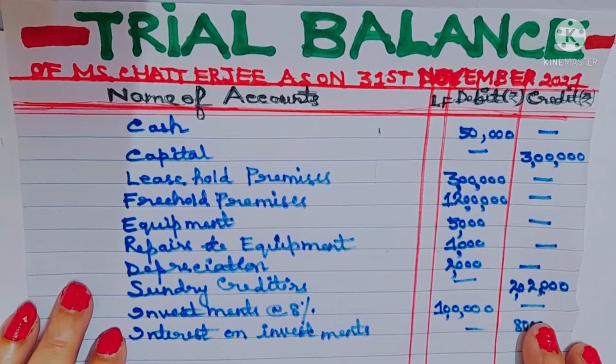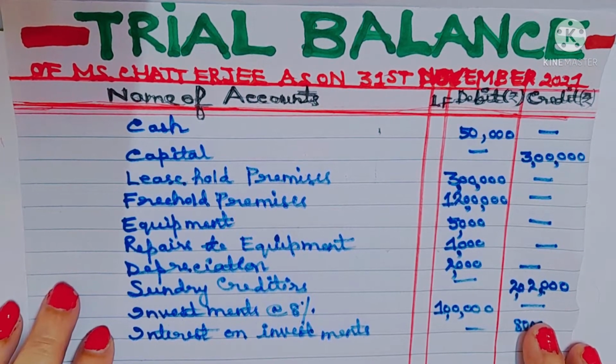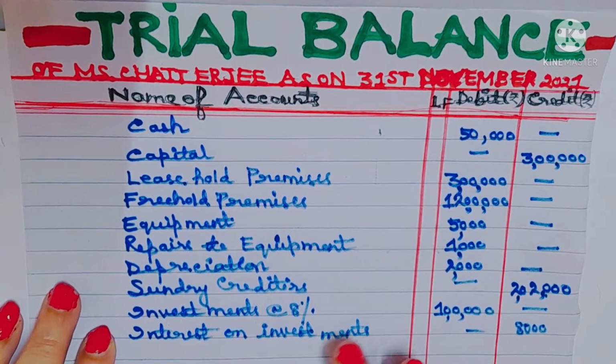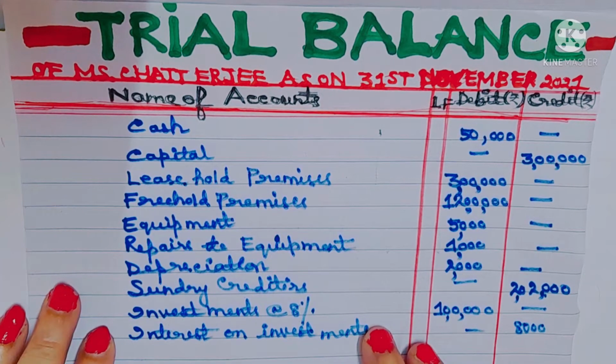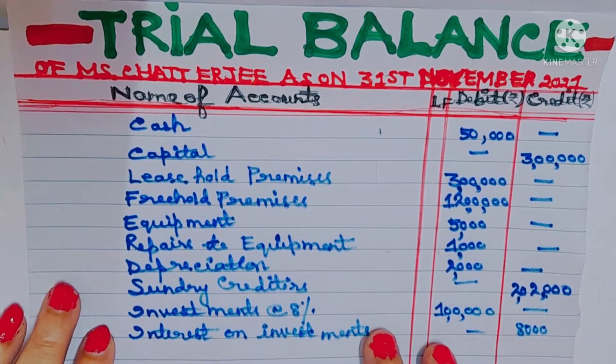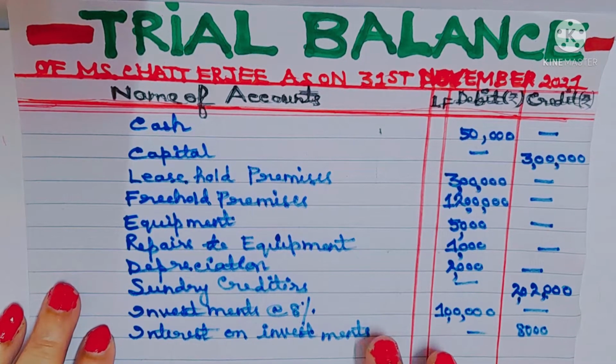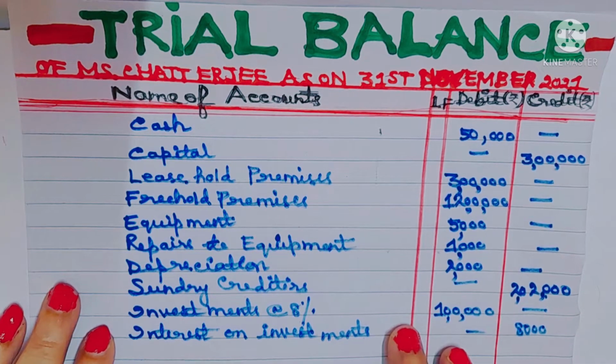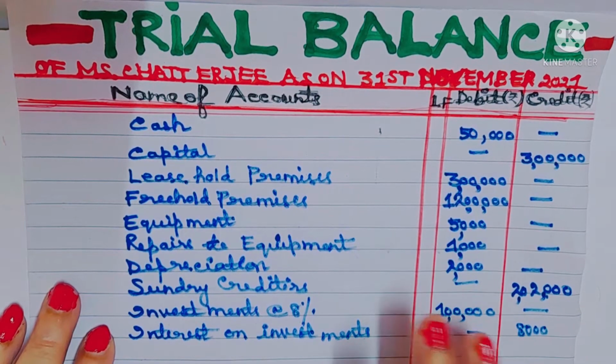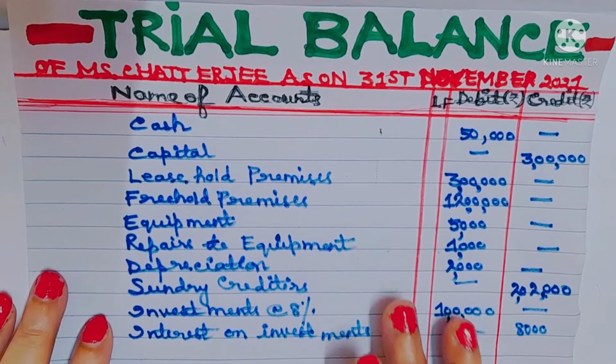Why? Interest on investment is a credit balance because interest on investment comes under nominal account. According to nominal account, all incomes and gains are credited. Interest on investment is an income. So, interest on investment will be credited. Understood? Clear? Let's see the next account.